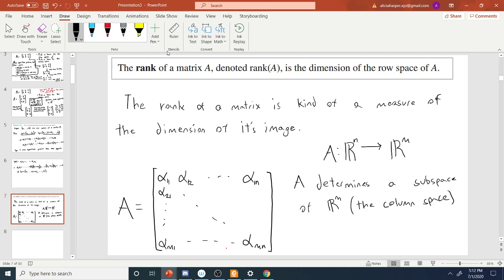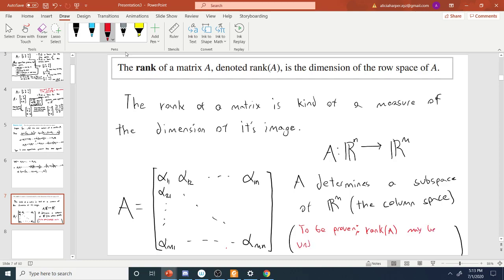And what we claim is going to happen, and this isn't proven yet, so this is to be proven, is that the rank of A may be understood as the dimension of the column space as well.